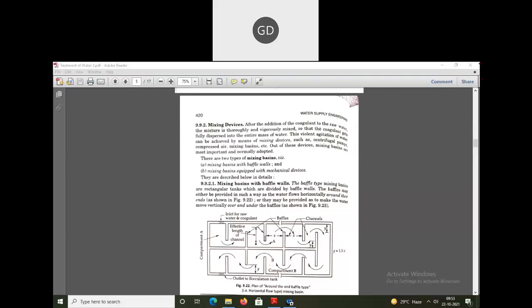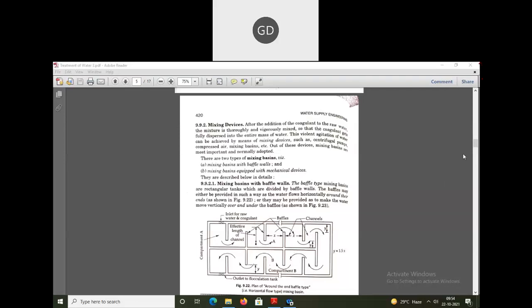Why are these put in opposite directions? The baffles are provided in such a way that whenever the water flows in a horizontal direction around these ends, moving over these baffle walls, the water gets mixed thoroughly. So the mixing baffles are provided in such a way.